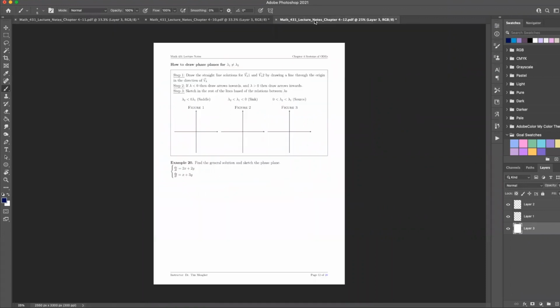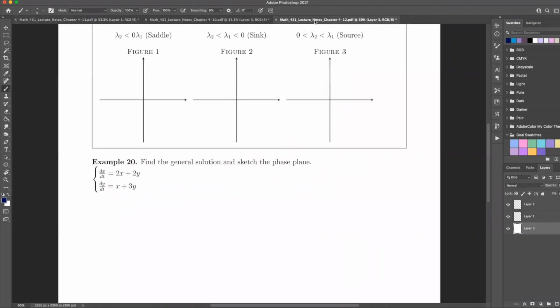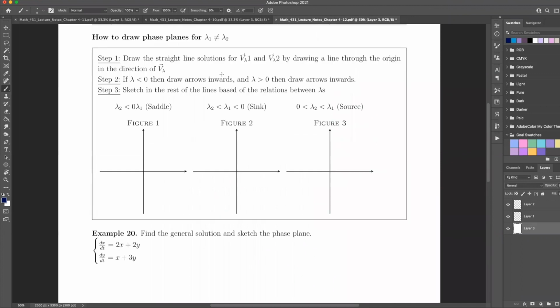All right, let's talk about drawing. Oops, I forgot something here. This should read lambda 2 less than 0 less than lambda 1.